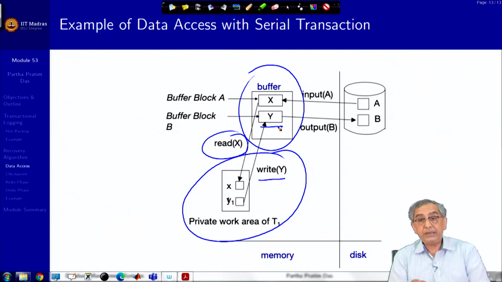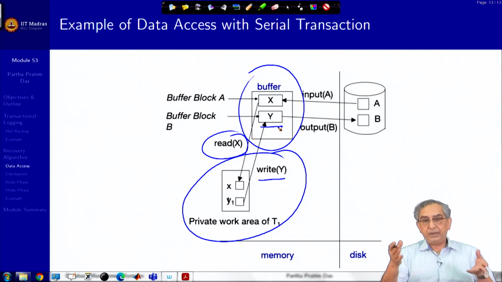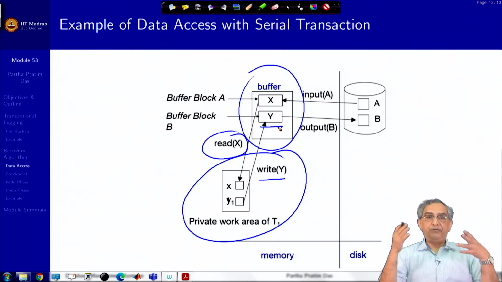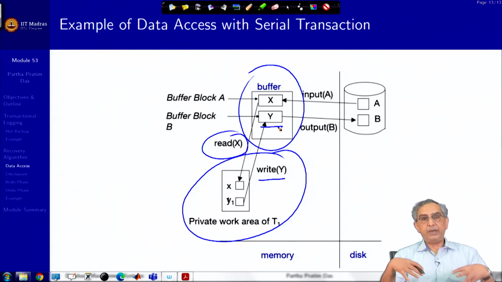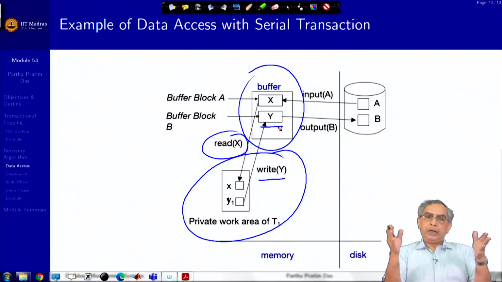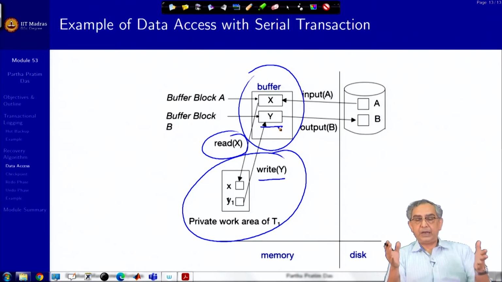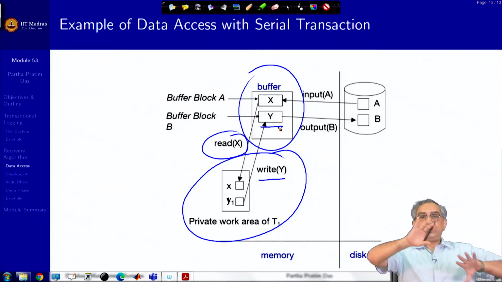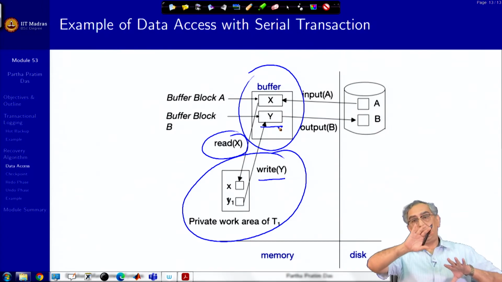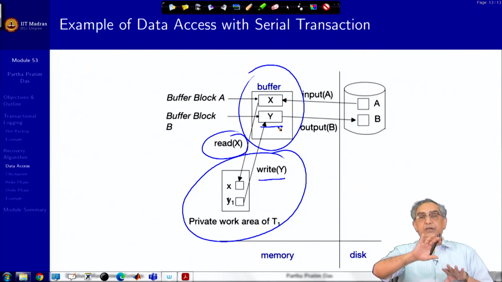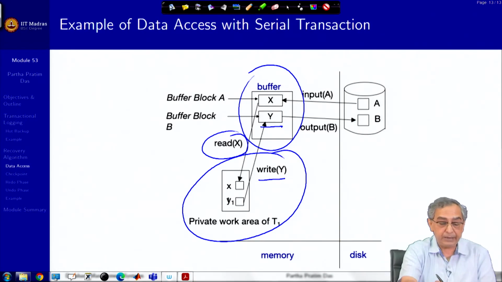When it writes, it may happen that the output will happen immediately, or the output may wait. The output may happen before transaction T1 commits, it may happen after transaction T1 commits. All of these kinds of possibilities are there, but since the read write is dissociated from input output, you will not get into any difficulty in handling this.